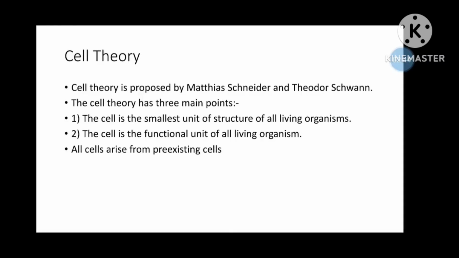And third, all cells arise from pre-existing cells. Out of these three, two we have already discussed. Let's discuss the third one, that is, all cells arise from pre-existing cells. Whatever cells form are the result of cell division of pre-existing cells.